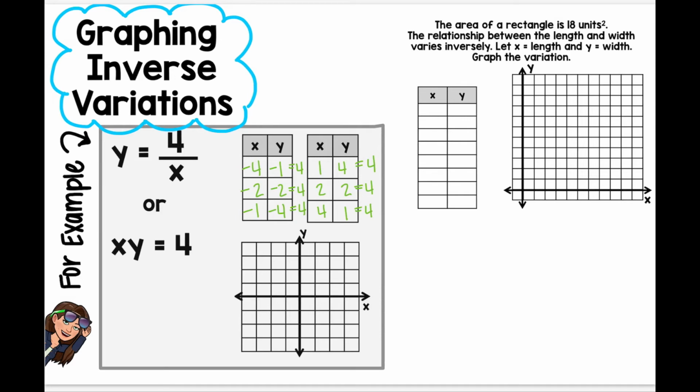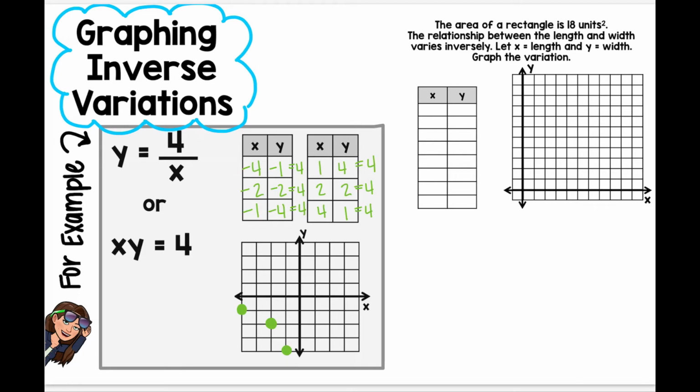Now we can plot these values in the graph. So if we start with the x value -4, we would go over to -4 and down to -1, then -2, -2, and -1, -4.